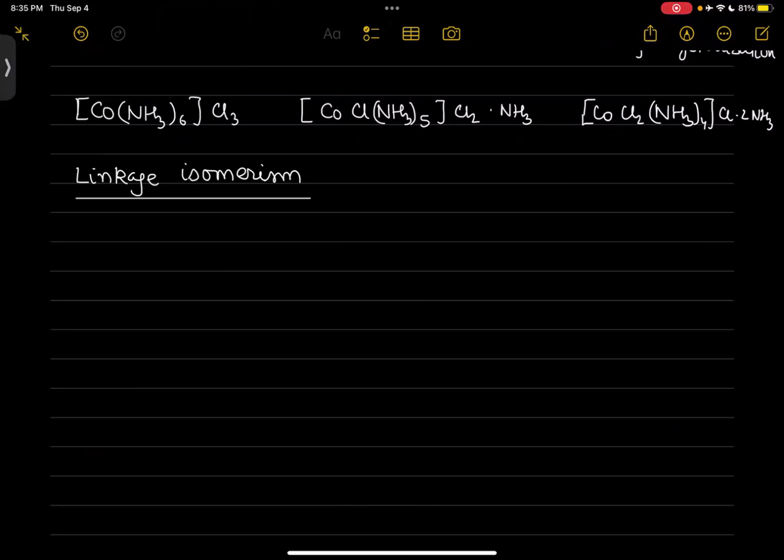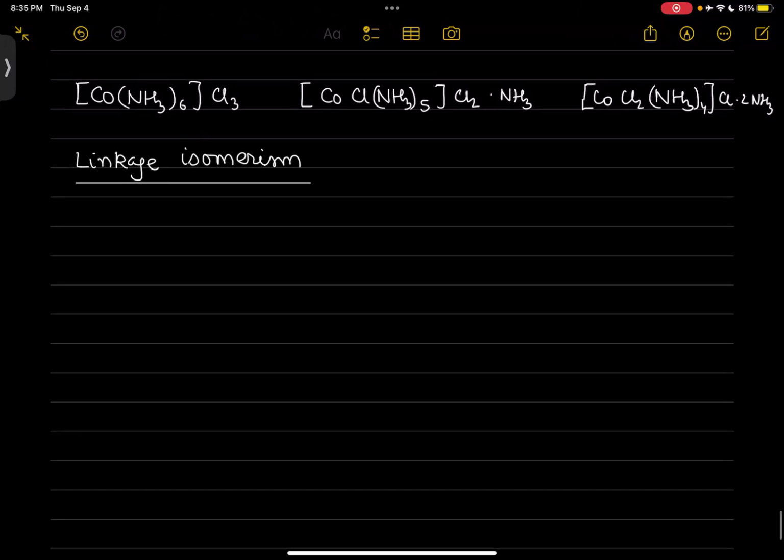And what is the criteria of ligands we need to have to show linkage? Yeah, Marwa? Same ligands that bind the central atom through different donors. Yeah, actually, linkage isomerism is because of the ambidentate ligands.